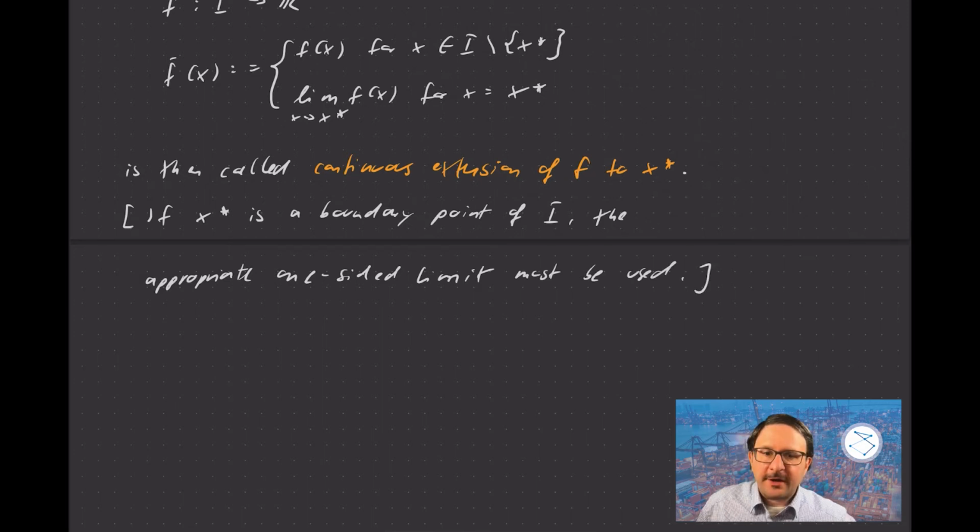And by appropriate, I mean the one-sided limit that is actually well defined. Okay, we've seen one example already. Let's have a look at a couple of other examples for continuous extensions.